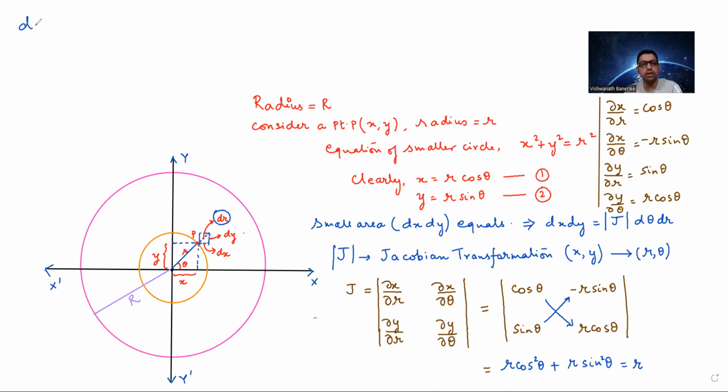That means we can say that dx dy, I'm rewriting this basically, is equal to the Jacobian r times d theta dr, right?